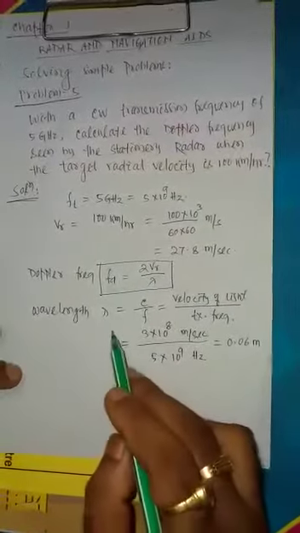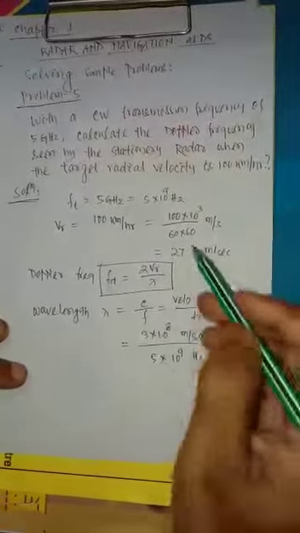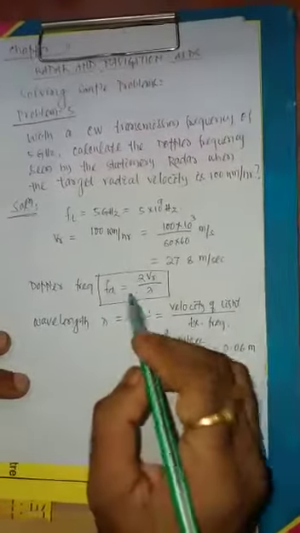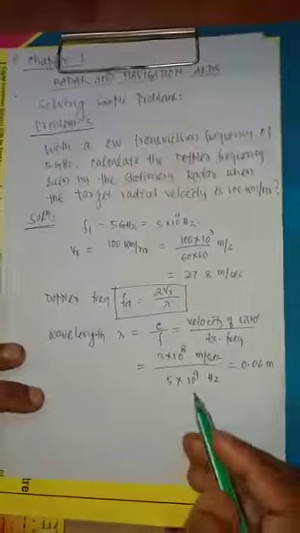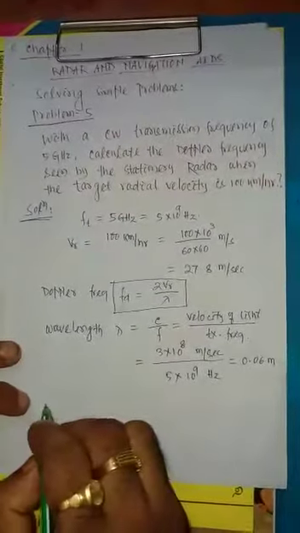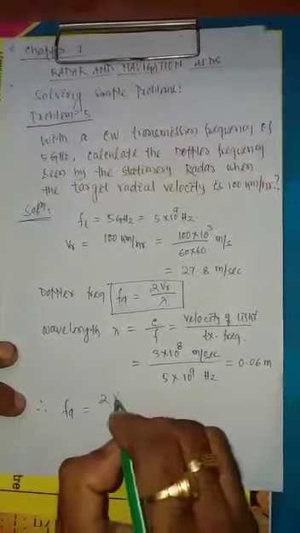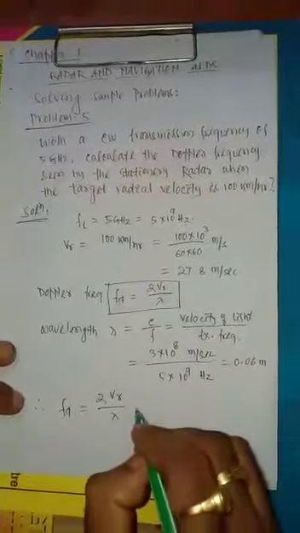Putting these values of lambda and VR in the formula for Doppler frequency FD equal to 2VR by lambda, we can get the Doppler frequency. Therefore, Doppler frequency FD equal to 2VR divided by lambda.